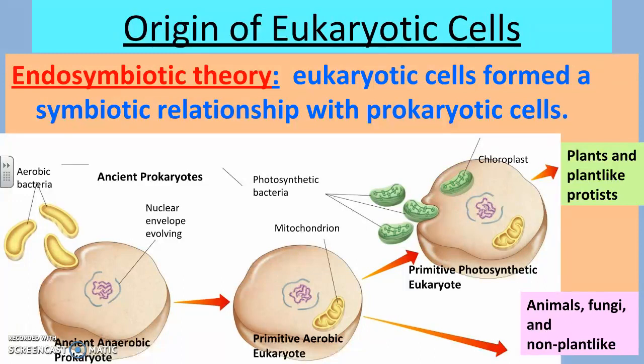And this evolution actually happened a couple of different times. Okay, so first they engulfed what now we have as our mitochondria. And then some of them also engulfed other smaller bacteria that we now know as our chloroplasts. So those that engulfed chloroplasts became the plants and the plant-like protists. Those that only engulfed the mitochondria are our animals and non-plant-like protists.